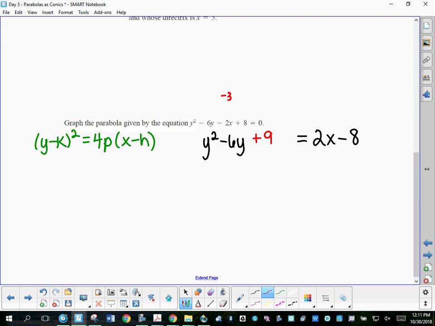You've got y squared minus 6y plus 9. How could you rewrite that out? It is screaming to be done. Now, you're going to write y minus 3 being squared.